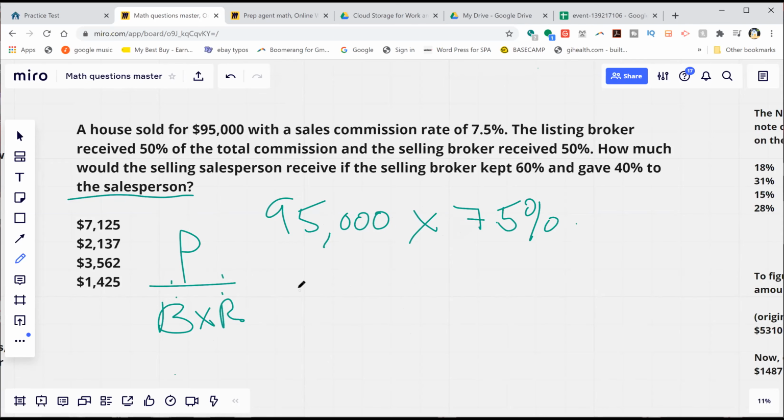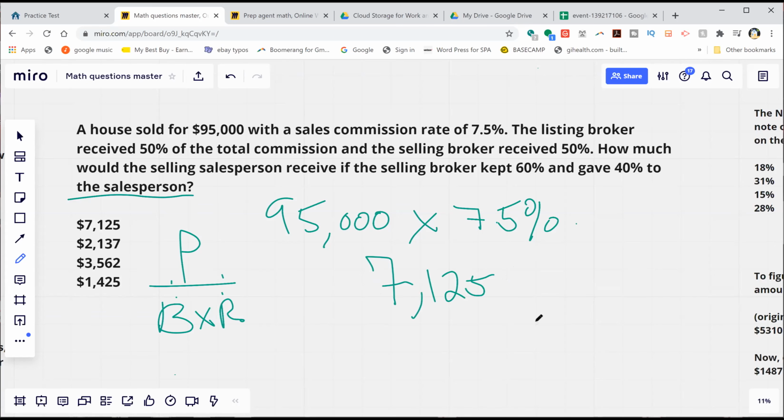So this is a base times a rate problem, okay? And when you have that, you get 7,125.